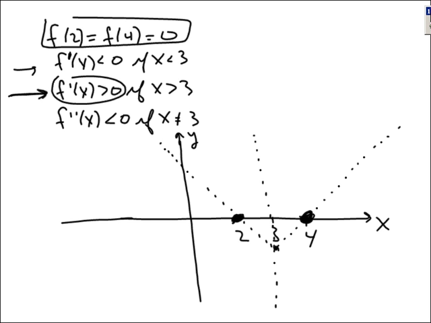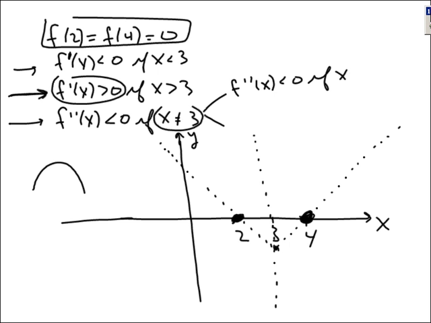Now the next one tells me the concavity is negative. Negative concavity goes that way if x is not 3. What this really means is f double prime of x is less than 0 if x is less than 3, and f double prime of x is less than 0 if x is more than 3.